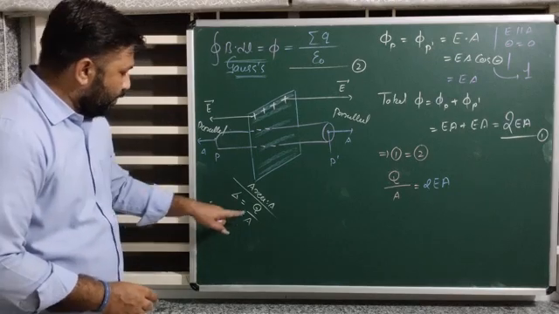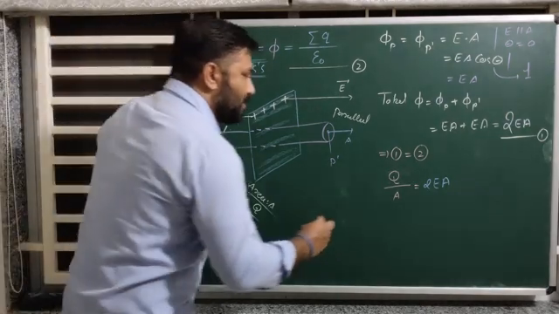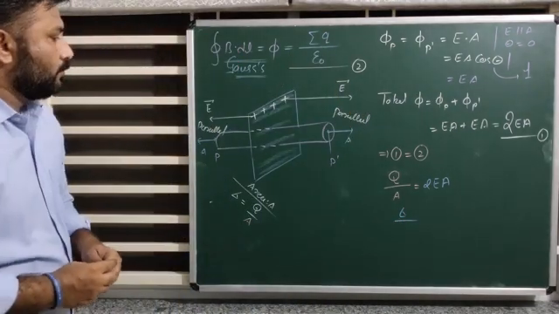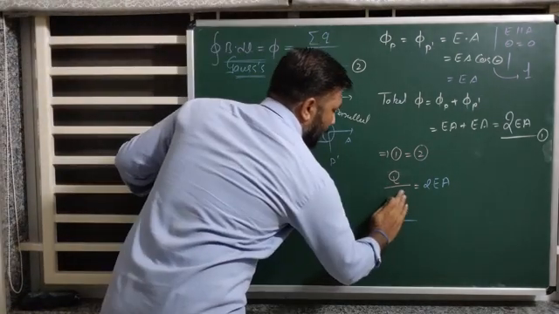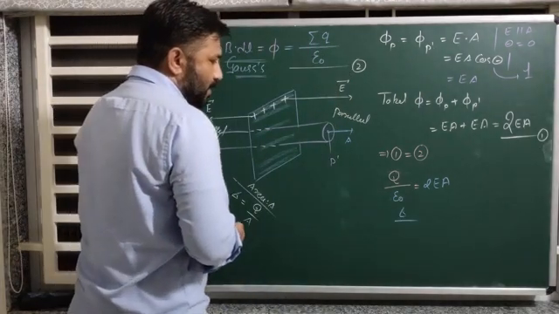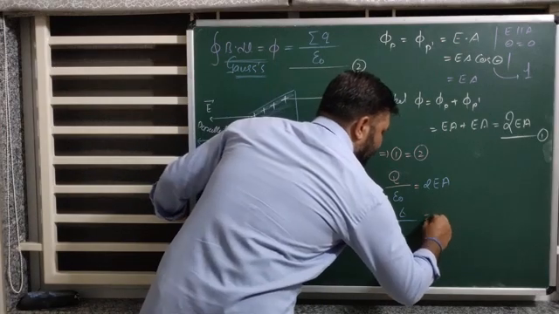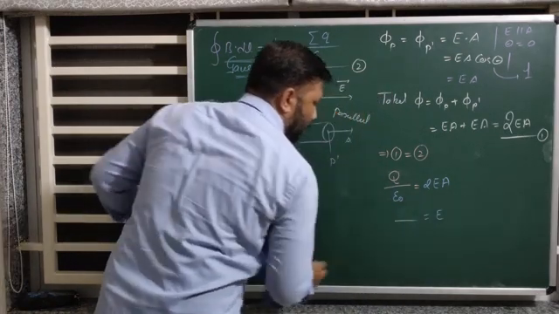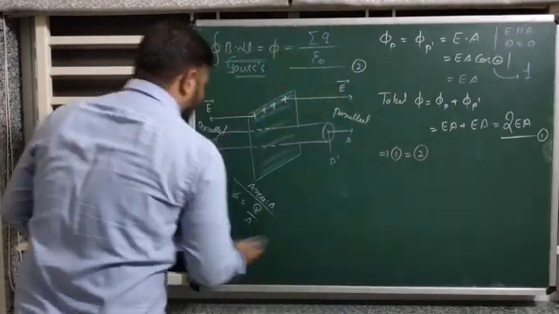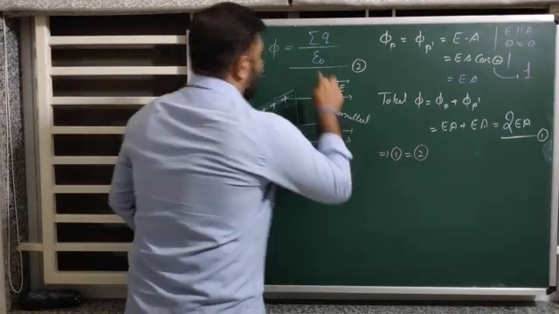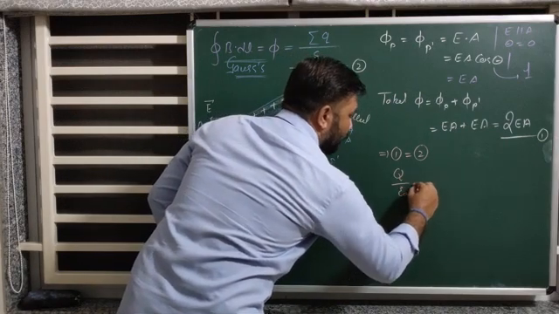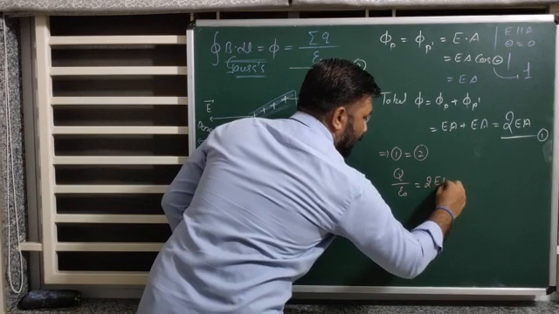What is Q by A? Q by A is nothing but sigma. Right? Sigma upon, sorry, not Q by A, it is Q by epsilon 0. Let me compare this once again: Q by epsilon 0 is equal to 2 EA.